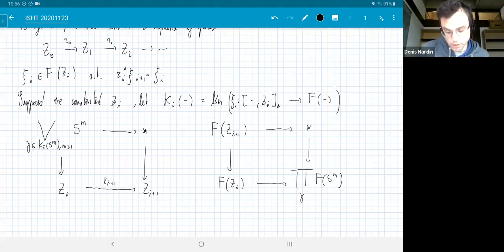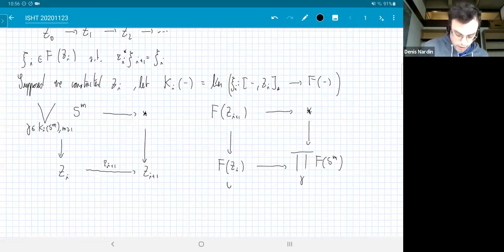Well, 0, okay, the base point, whatever. These are pointed sets. So, okay, remember here we have psi i, and the point is that these get sent to the base point.